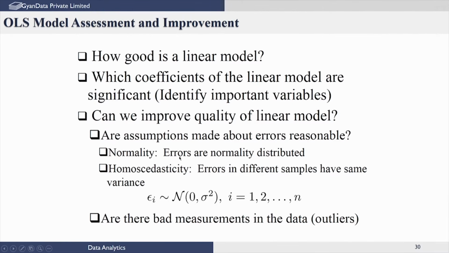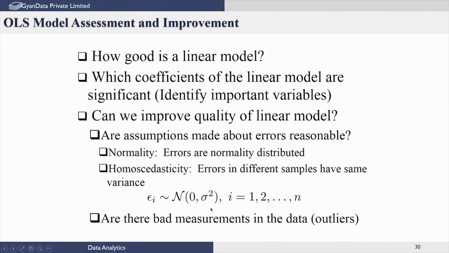In general, these two statements, assumptions about the errors, that they are normally distributed with identical variance, can be compactly represented by saying that epsilon i, the error corrupting measurement i, is normally distributed with 0 mean and sigma squared variance. Notice that sigma squared is same and does not depend on i, which means it is the same for all samples i equals 1 to n. That is the assumption we have made when we use the standard method of least squares.